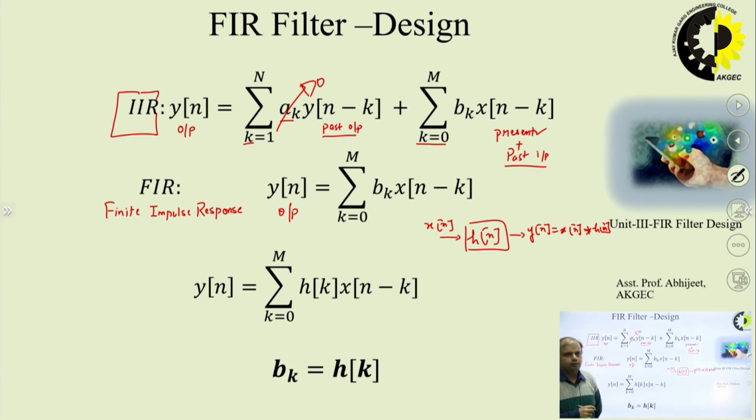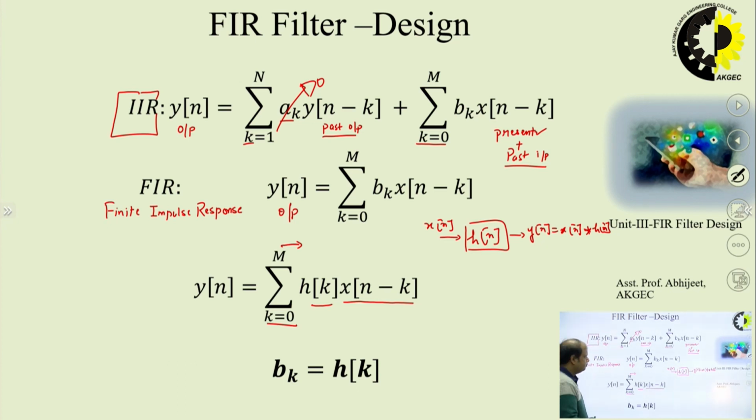Convolution is a commutative operation, so either we use h of n minus k or x of n minus k in the summation. Since it is truncated and causal, y of n is equal to the summation k from 0 to M of h of k multiplied by x of n minus k. After the summation is over, we will get y of n.